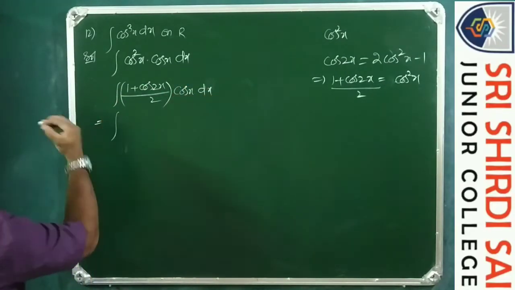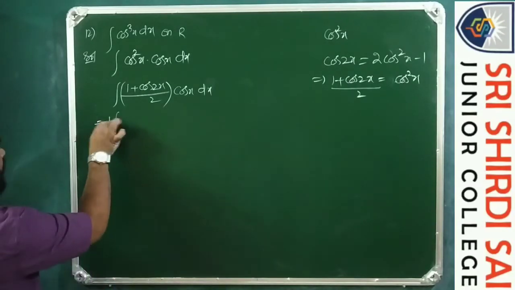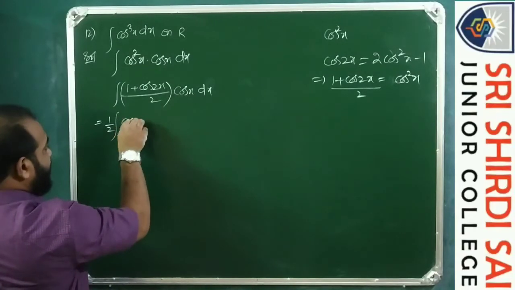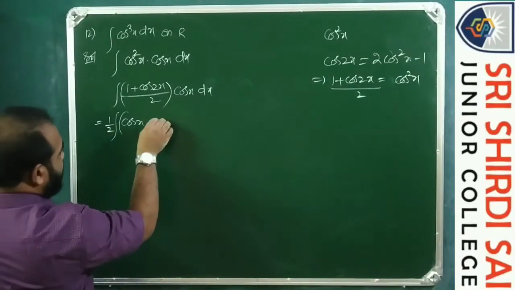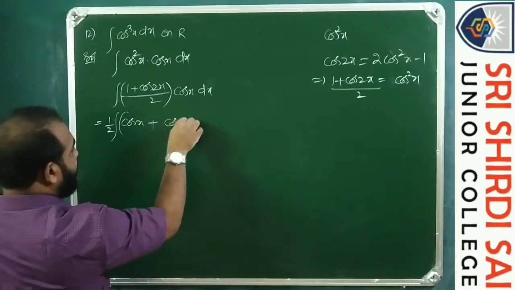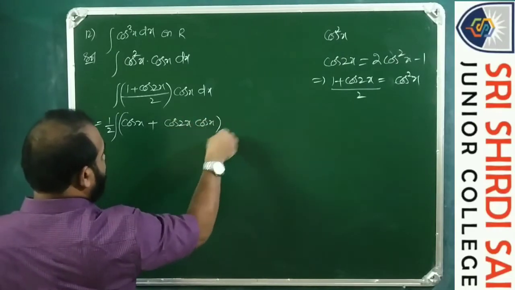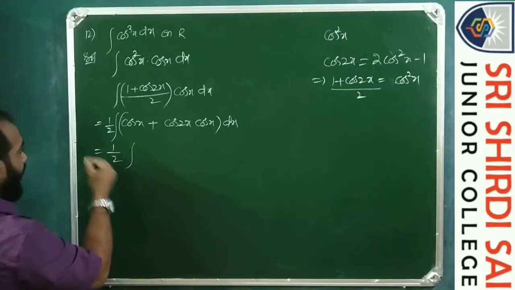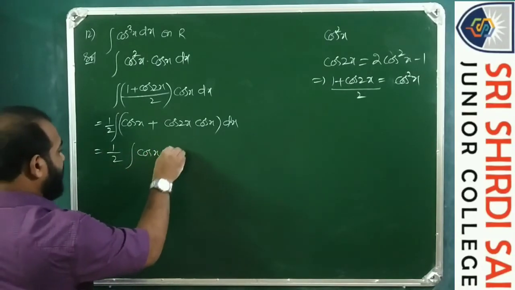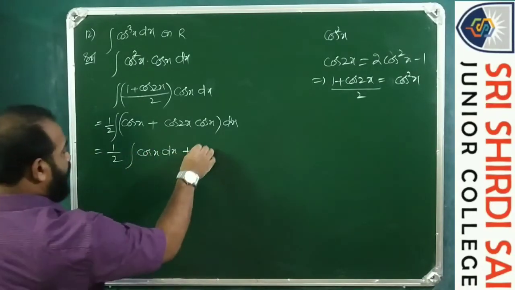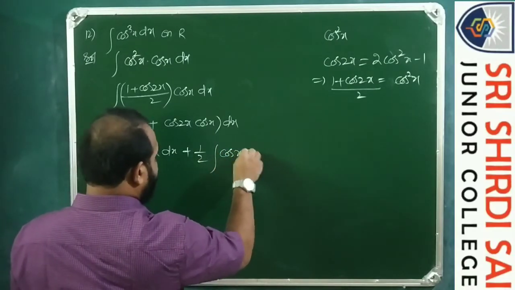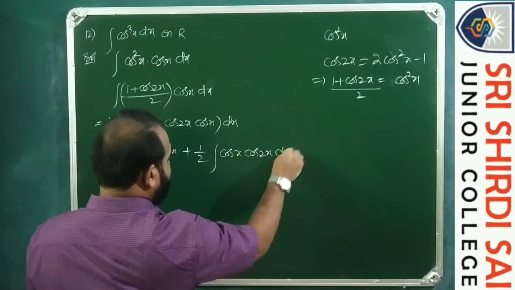So this is equal to 1 by 2; I am separating it from the integration. So 1 into cos x is cos x, plus cos 2x into cos x dx. So this is equal to 1 by 2 integral cos x dx plus 1 by 2 into integral cos x into cos 2x dx.